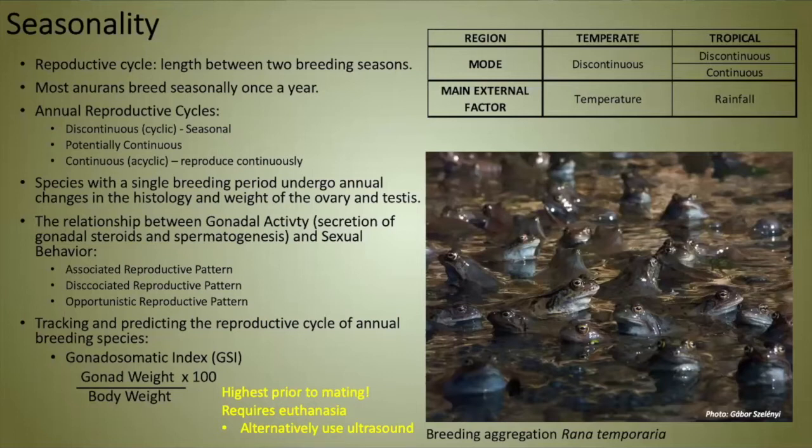Usually, tracking and predicting the reproductive cycle can be accomplished through the calculation of the gonadosomatic index, or GSI. But this requires euthanasia of animals throughout the year. The calculation is dividing the gonad weight by the body weight times 100.